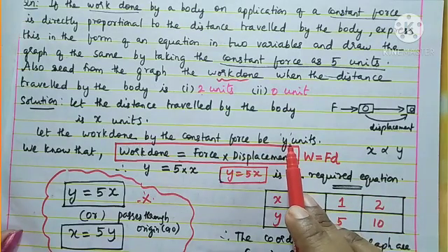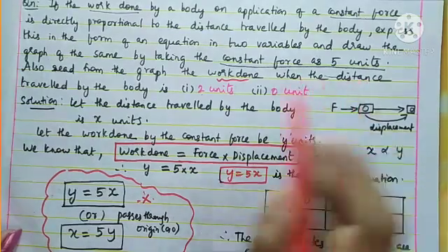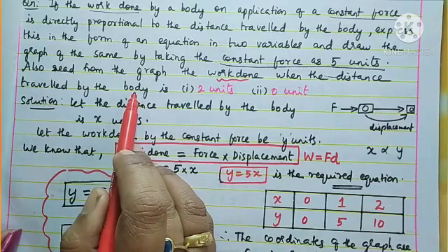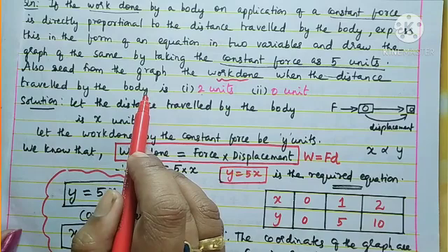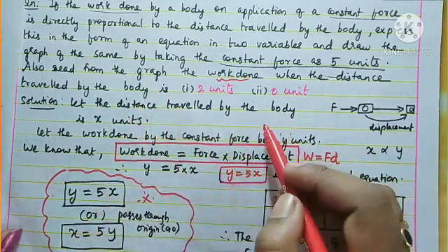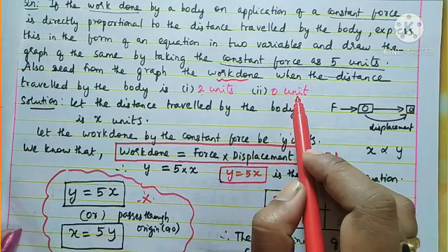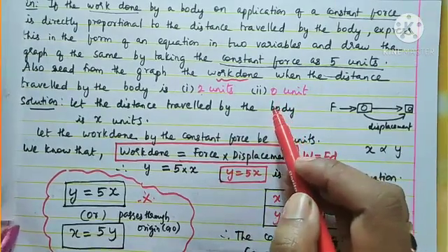We have taken work done as y. So we need to find out the value of y when the distance travelled by the body, that is, the value of x, is 2 units and 0 units. So this we need to find out from the graph.